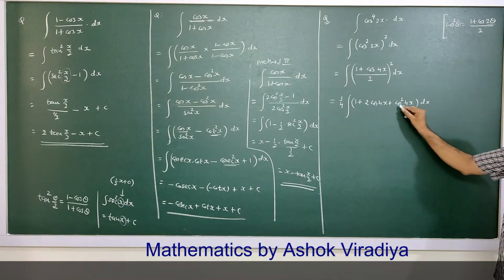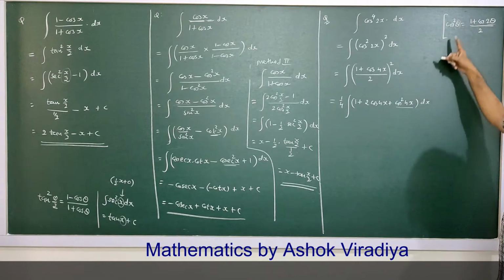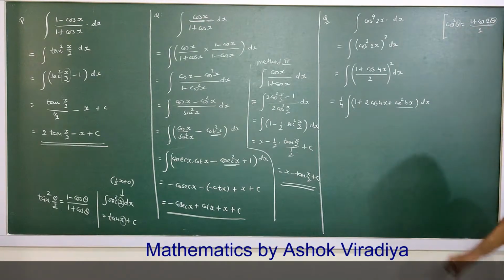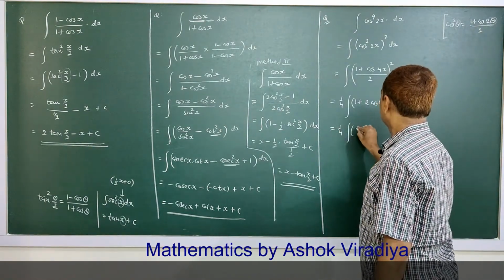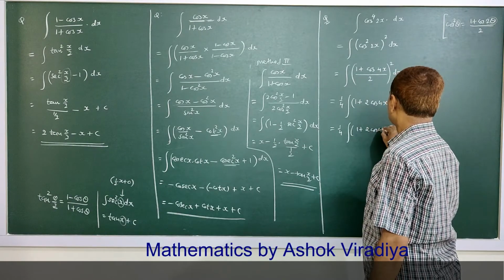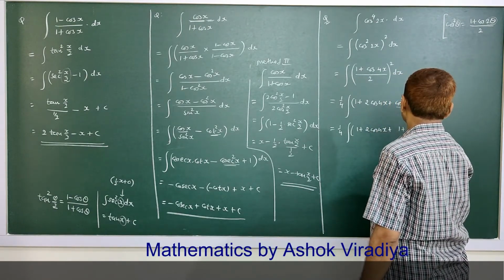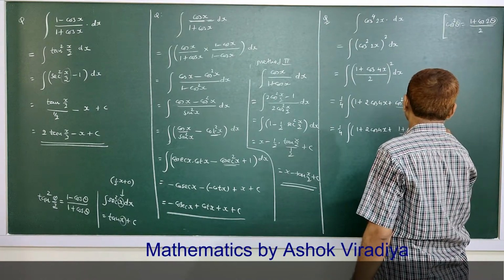Once again applying this formula a second time, if you keep 4x, then this will be 8x. So 1 by 4 times 1 plus 2 times cos 4x plus 1 plus cos 8x divided by 2 dx.